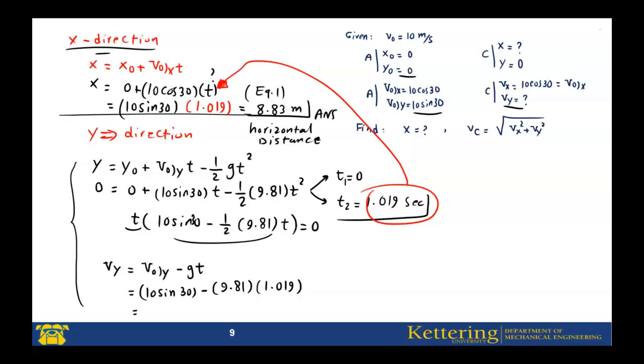If I calculate this one, it is approximately 5 meters per second.